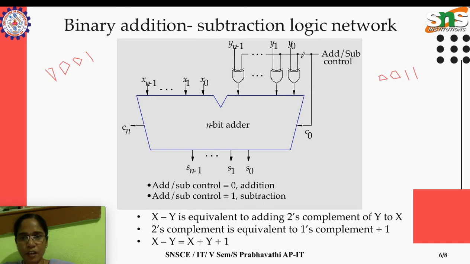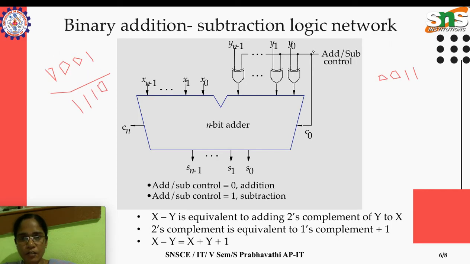So here the subtract control is 1, and y is 0 0 0 1. 1 and 1 in XOR produces 0. Then 0 and 1 is 1. Similarly for the remaining bits. So this is the 1's complement of this number.